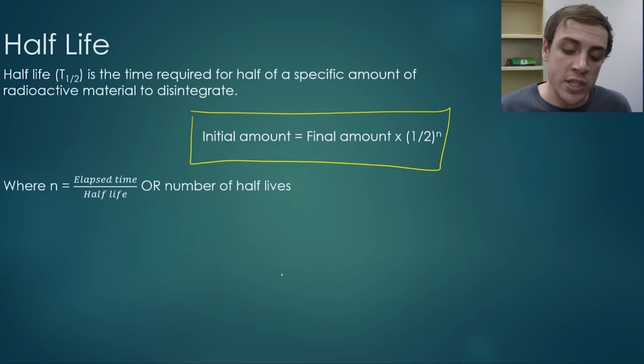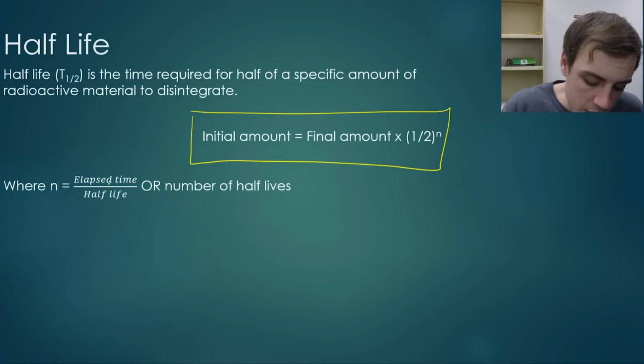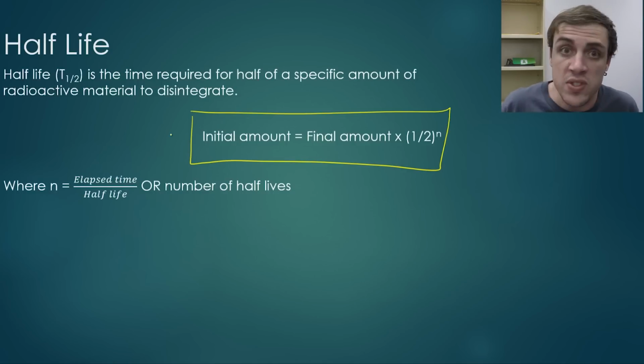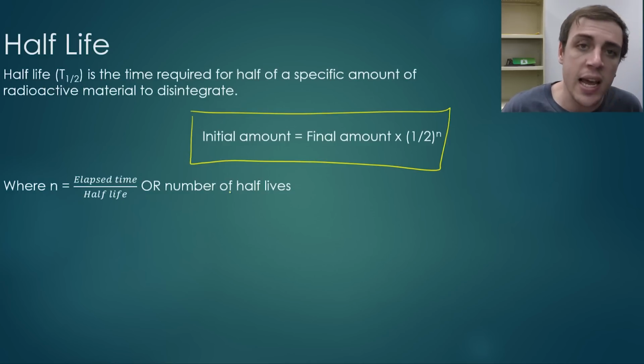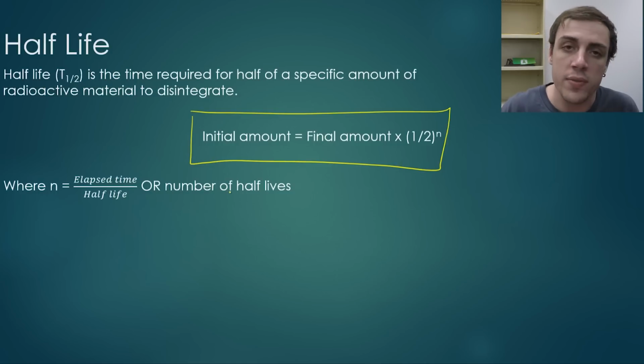So n can represent different things. It depends on what the question gives you, but it can be the elapsed amount of time, so how long it has been just sitting there, divided by the half-life. The half-life is the period of time it takes for that substance to halve its mass. Some radioactive elements have a half-life of a couple of hours, and some have a half-life of hundreds of millions of years, so it really does vary by a massive amount.